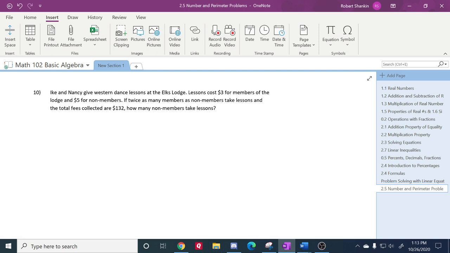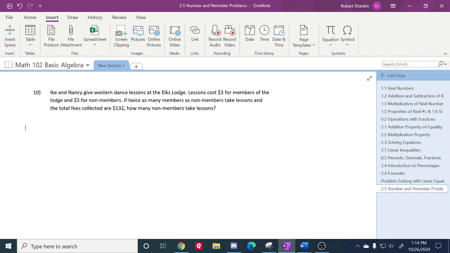The lessons cost $3 for members of the lodge and $5 for non-members. Twice as many members as non-members take lessons, and the total fees collected are $132. How many non-members take lessons?